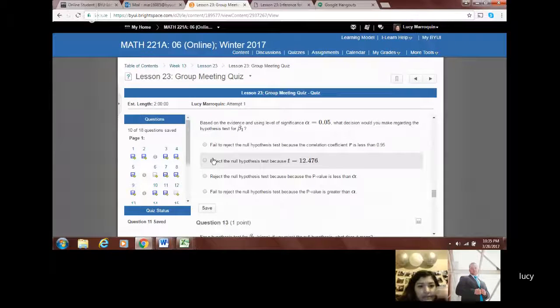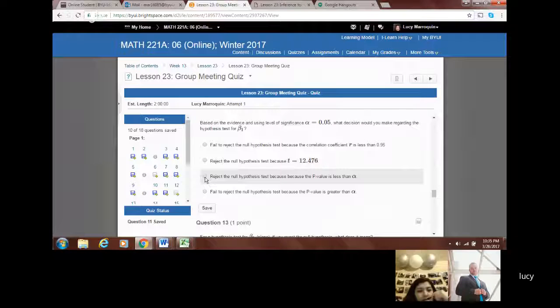Is the last one, D, fail to reject the null because the p-value is greater than alpha? Which one? D, the very last one, for 12. What do you have in there for the p-value?